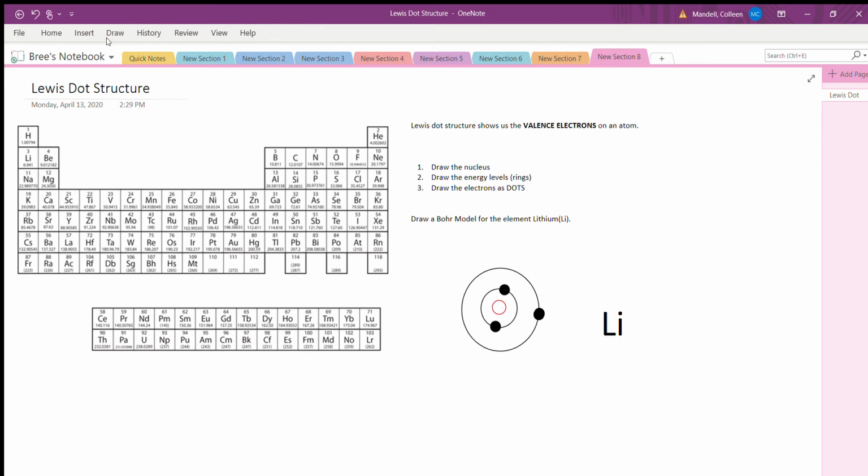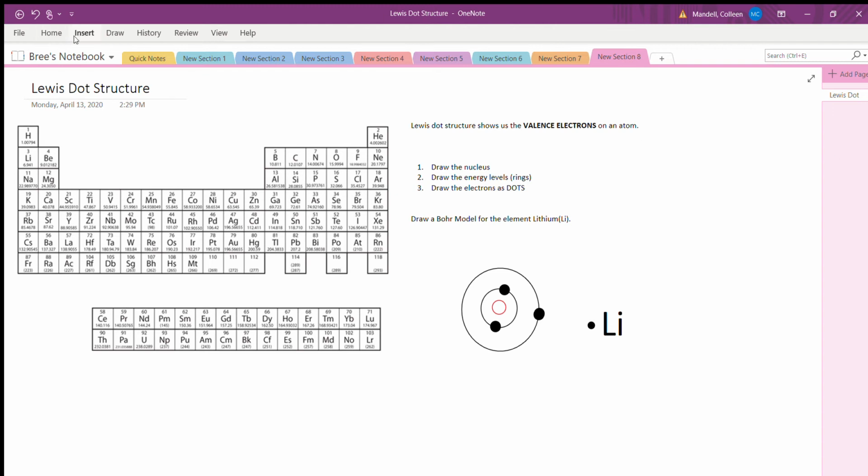And then I'm going to add only the valence electrons surrounding this. So Li gets 1 valence electron, so I'm going to just put a valence electron. It's done. That's what a Lewis dot structure looks like for lithium.